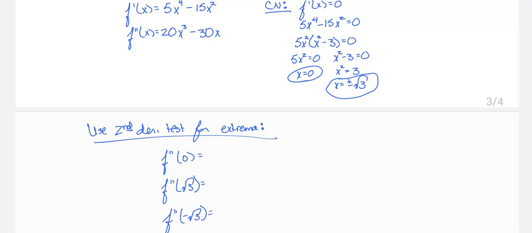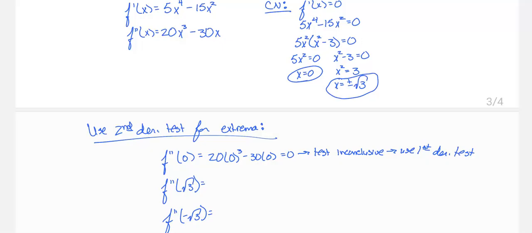So here's my second derivative. When I plug 0 in, I'm going to get 0. What that means is the test is inconclusive. So we are going to have to use the first derivative test to figure out what's going on at 0. And we'll do that in just a minute.